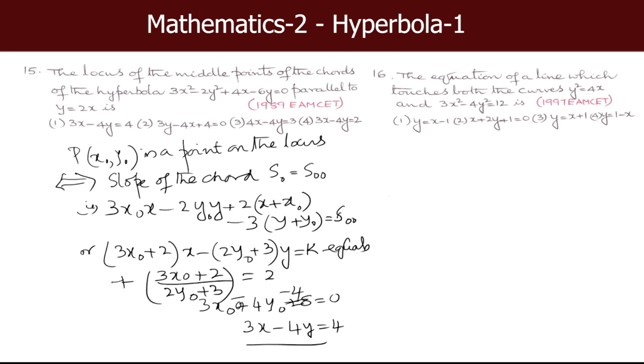So take a tangent for the hyperbola and apply the condition that it is also tangent to the parabola. అని h అందాం, parabola అని p అందాం, only to save time.